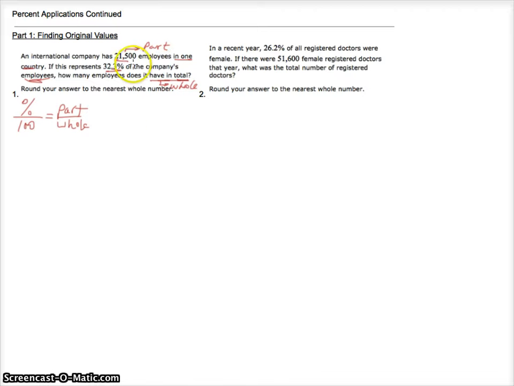So my proportion that I'm going to set up here is 32.3% over 100. So 32.3 over 100 equals 21,500 over x.